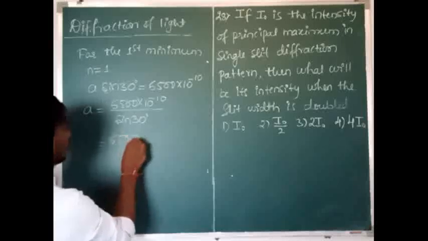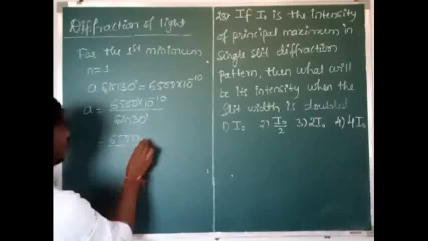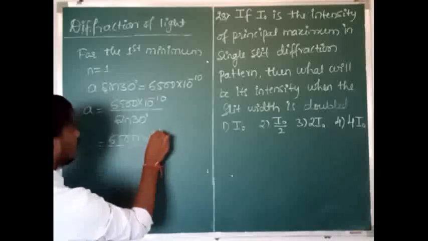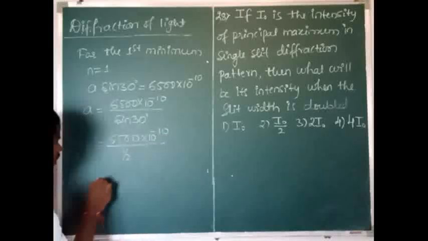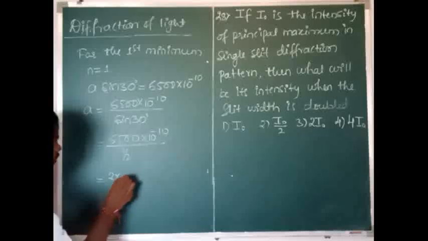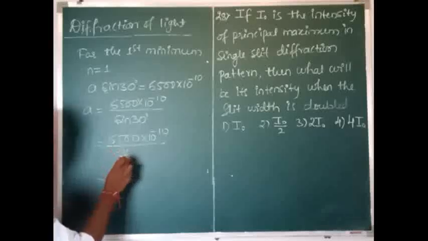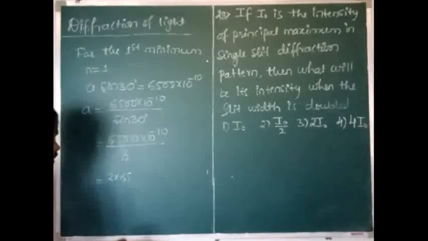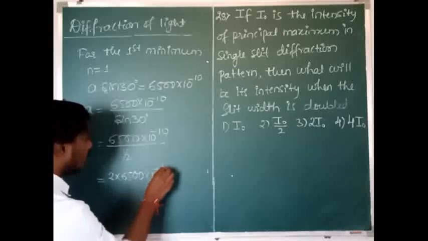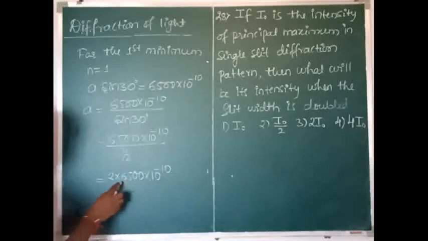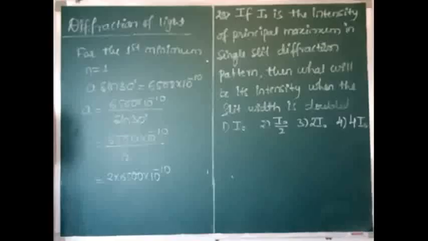Since 2 is in the denominator, it comes to the numerator. So A is 2 into 6500 into 10 to the power of minus 10. Multiply 6500 with 2 here.